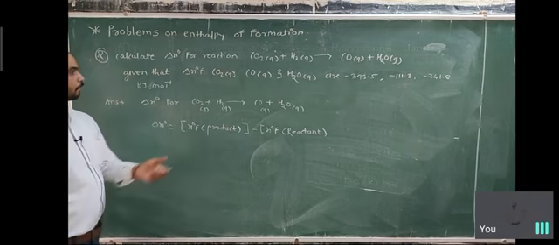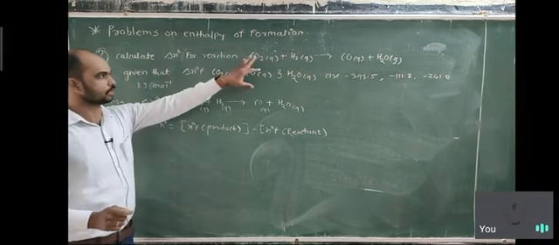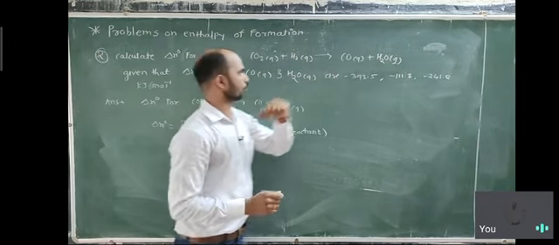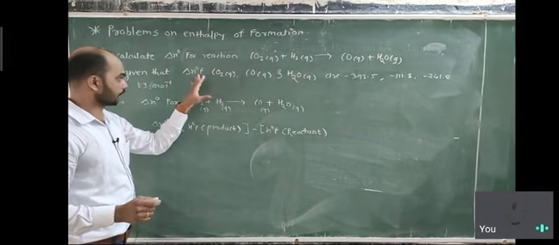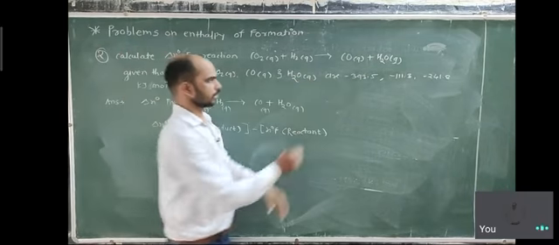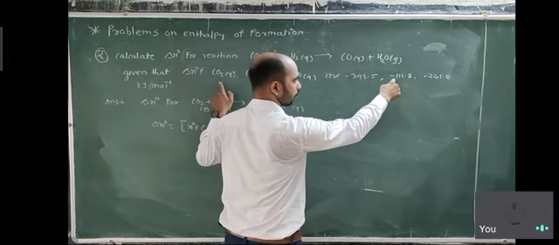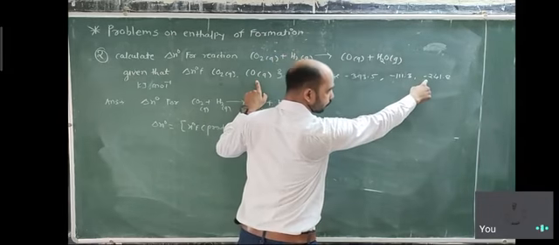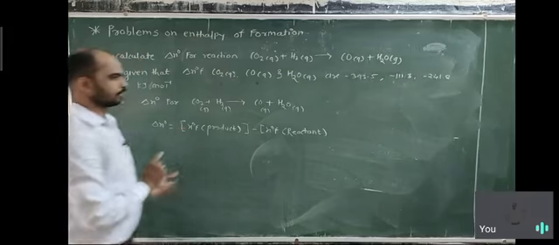Okay, the second problem is: calculate the heat of formation for the reaction CO2 plus H2 gives CO plus H2O. The standard heats of formation of CO2, carbon monoxide and H2O are given as 393.5 for CO2, 111.3 for CO and 241.8 for H2O respectively.